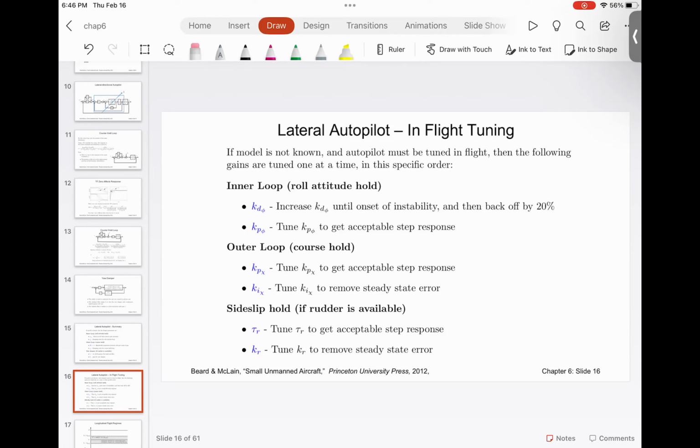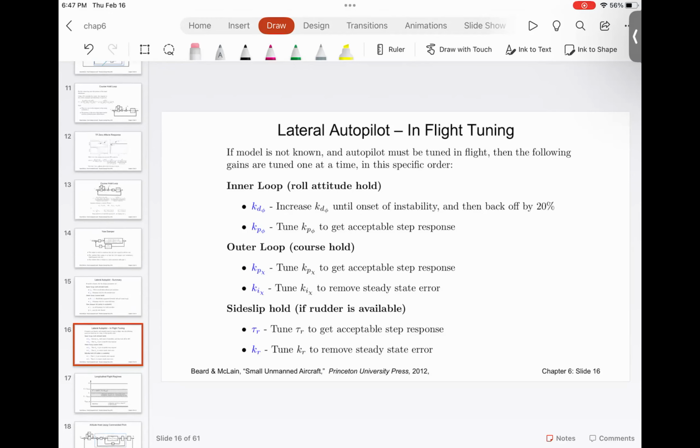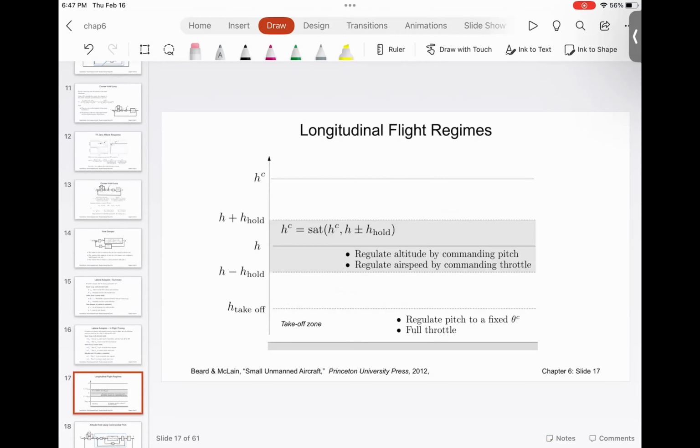The problem with KD is if you increase KD, which means if you increase damping, the system becomes sluggish. You don't want that to happen. You want the system to dampen the oscillations, but you want the system to respond to the inputs quickly. So you have to balance these two. Same thing for the outer loop, then same thing for the side slip hold. So these are the design guidelines that can be used.